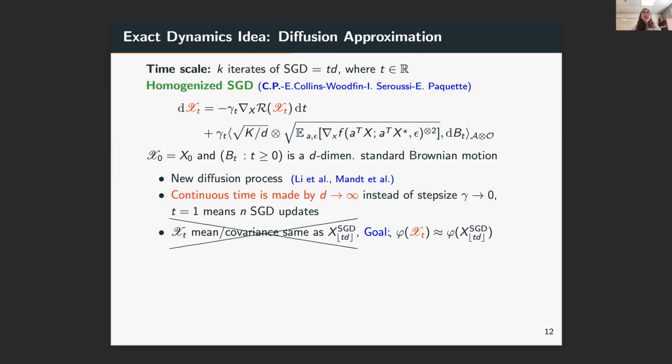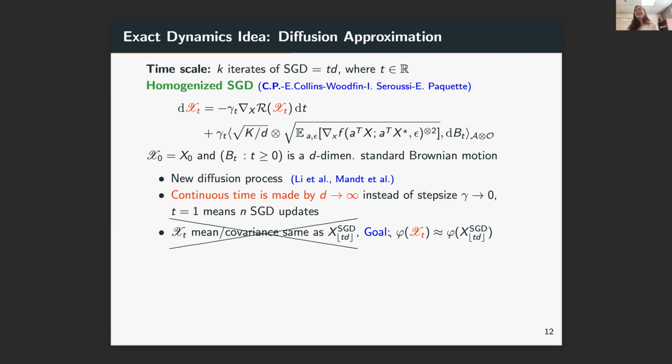The other thing is, if you want to make a continuous time version of SGD, the typical way of doing this is to make it so that your new process has the same mean and covariance as SGD. That's the standard way of doing these things. The problem in this case is that the covariance for SGD is extremely complicated.